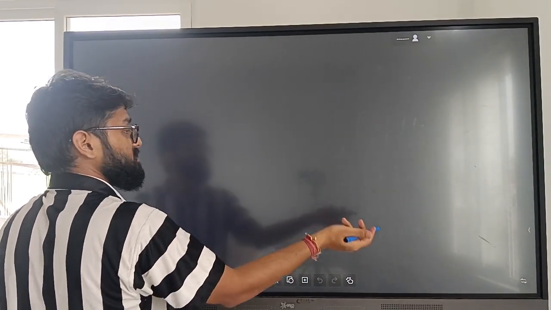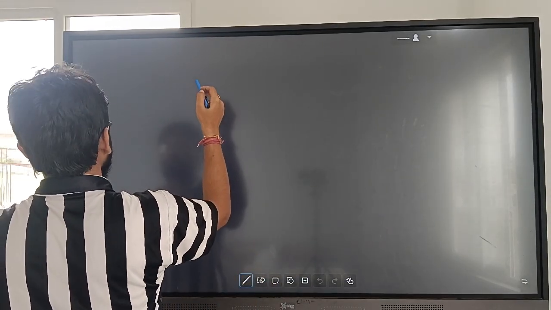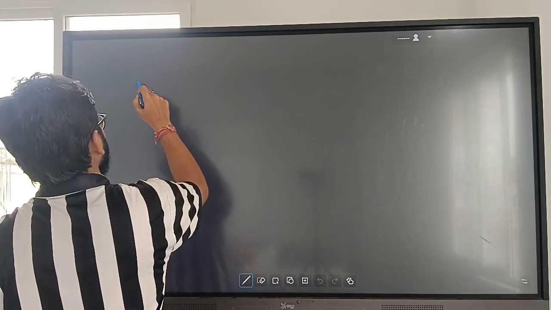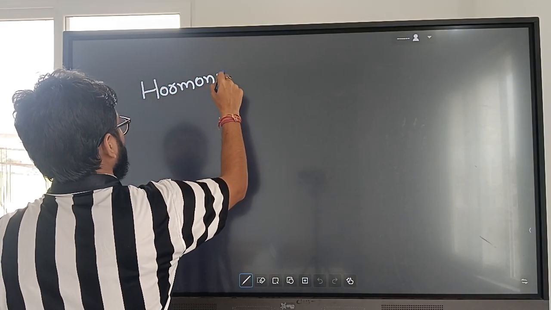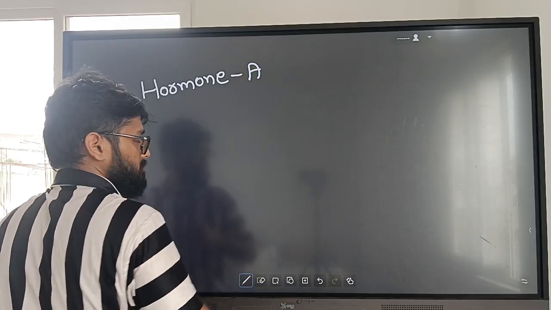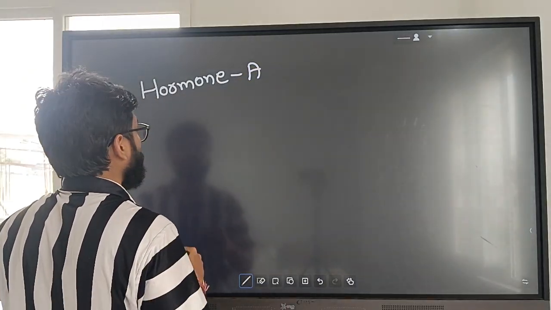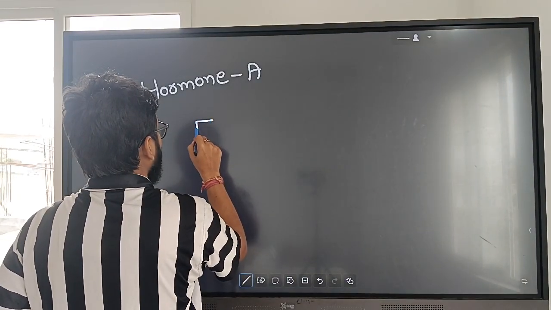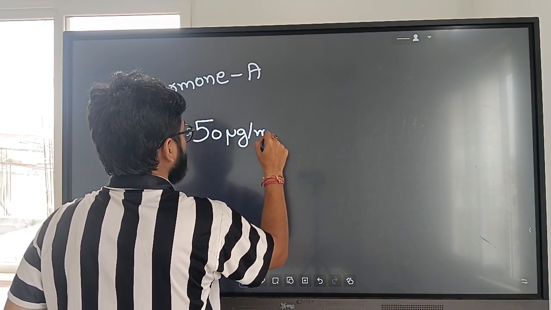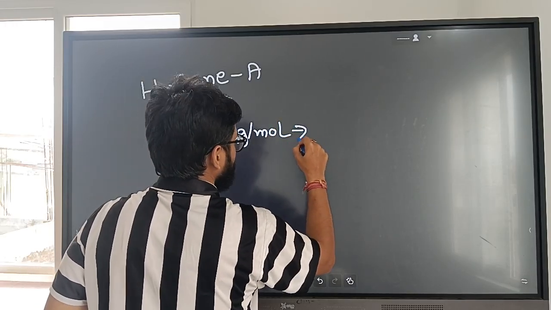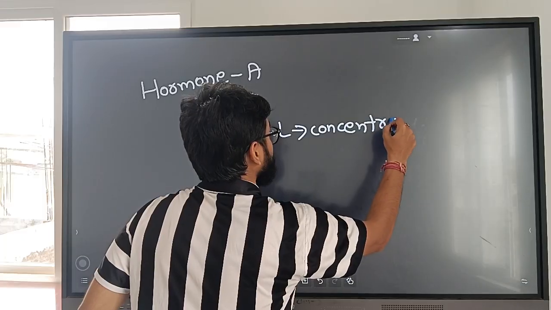Let us say we need to create, in a biological system, a hormone A. This hormone A must have 50 microgram per mole of concentration. This is simply the concentration of that hormone.